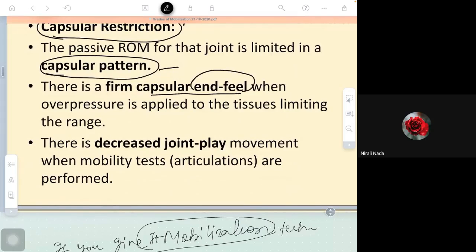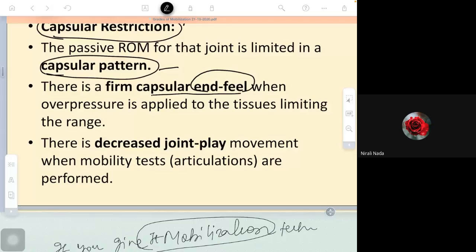Again, end feel is a separate lecture. There is a firm capsular end feel when overpressure is applied to the tissue limiting range. That is, the end feel should be firm capsular. There are different end feels, but the end feel should be firm capsular.